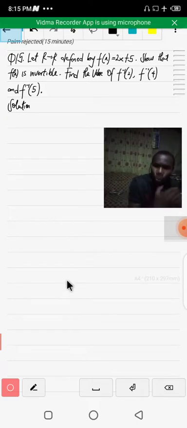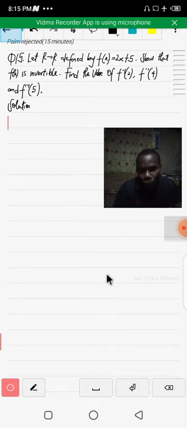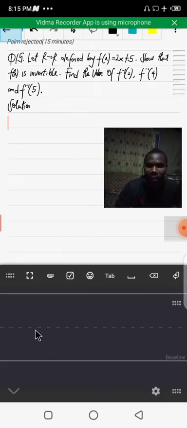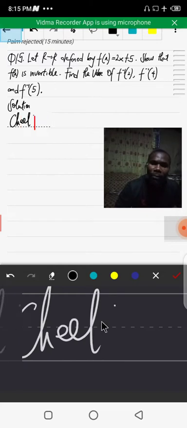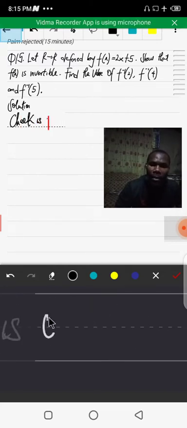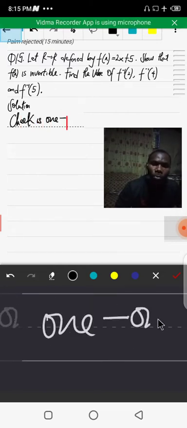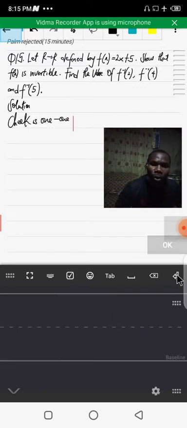Now, if you are to prove that it is invertible, the first thing you are going to consider is to check if the function is one to one. How do we do this?